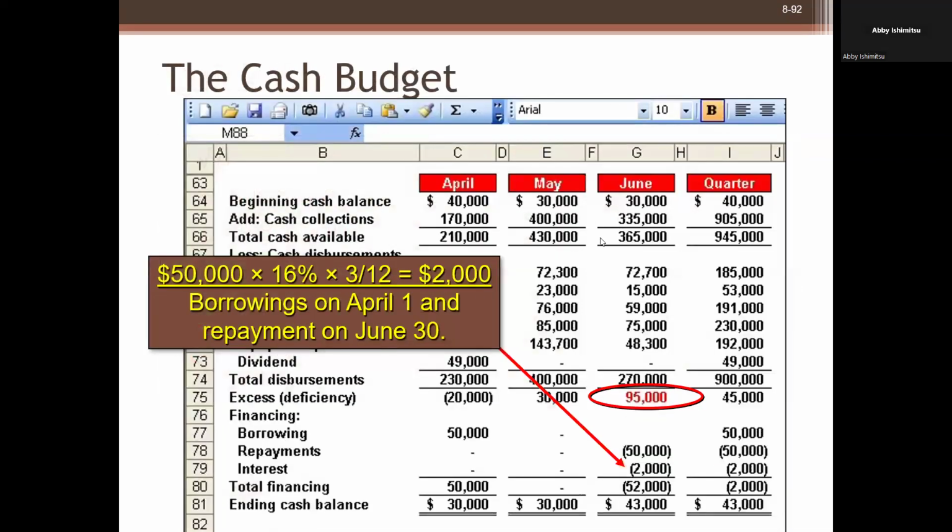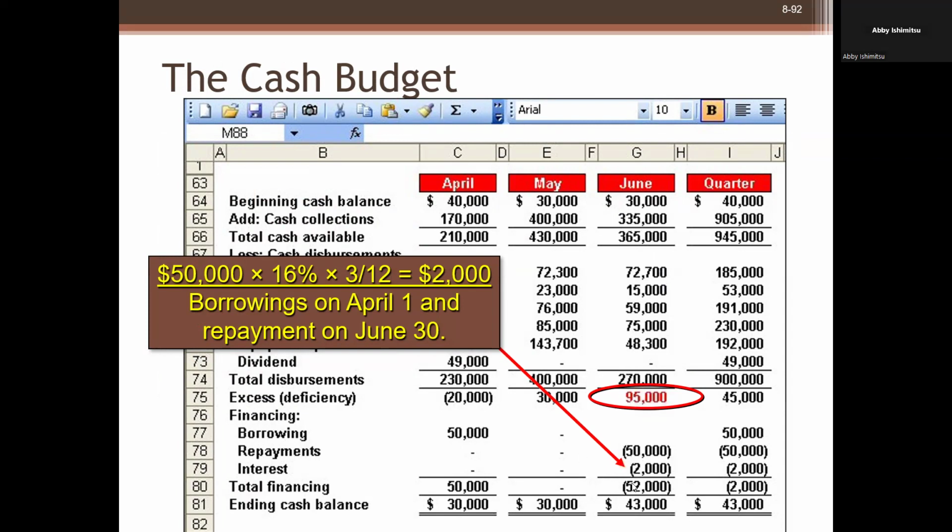And this will roll through 30, 33, and this is coming off cash receipts budget and all the other budgets. Now we have an excess of 95,000. So we can pay our 50,000 back, and here it's showing going out repayment.